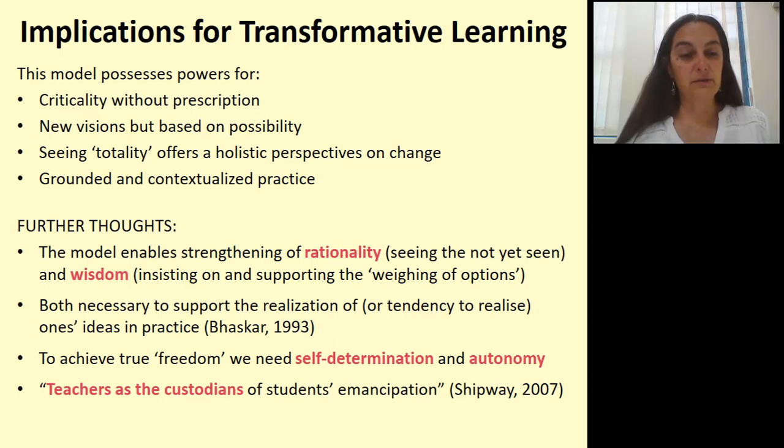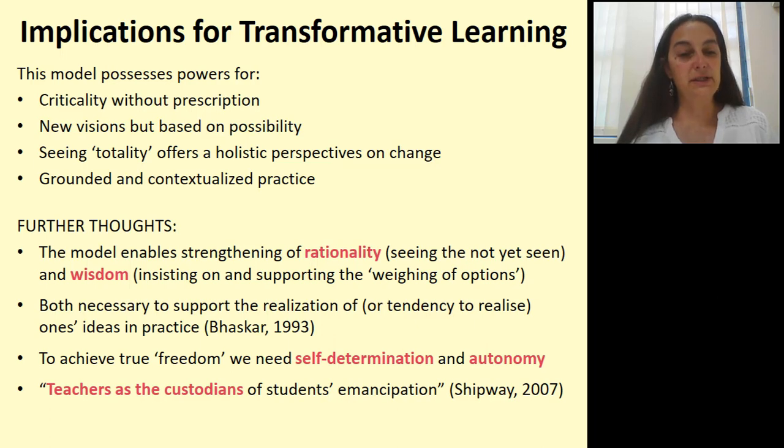Some further thoughts on the model are that it enables the strengthening of both rationality and wisdom. Rationality in the sense that it helps us to get a good sense and to look critically at what is there. And it also helps us to see the not yet seen. That is giving us the language of possibility.